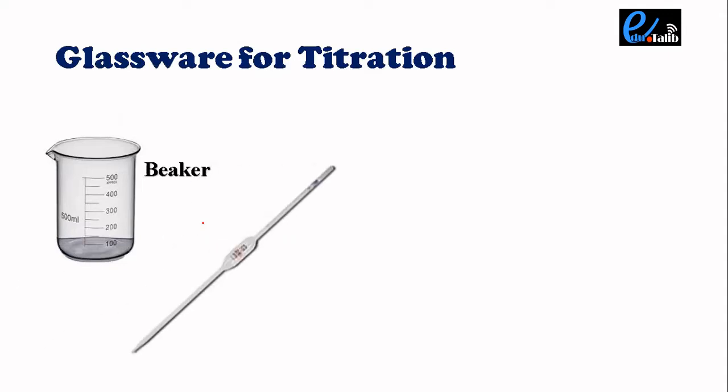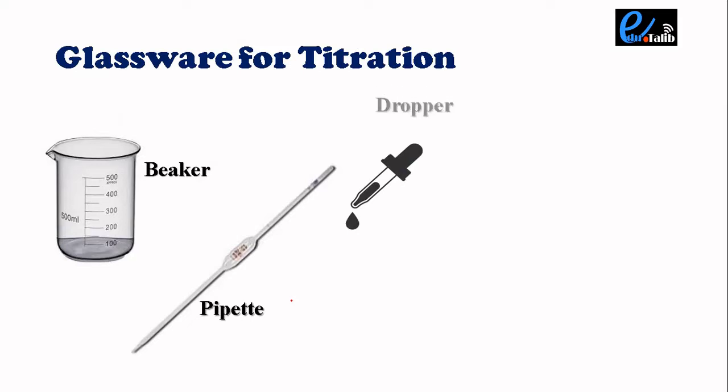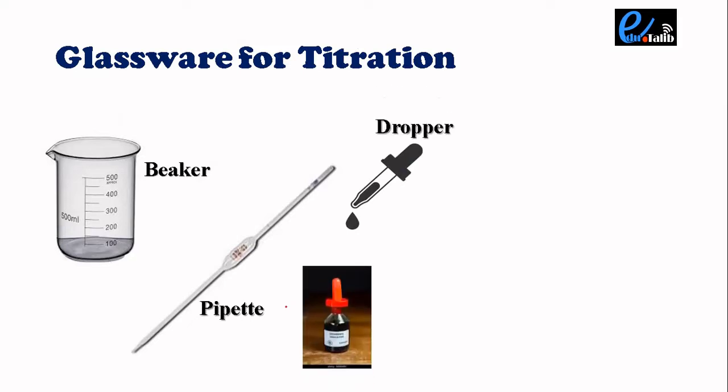Another is the pipette, which we generally use for titration purposes. This is the dropper, which we use for the indicator, and this one is the bottle for the indicator. We use different kinds of indicators, and we will be discussing that in detail in this lecture.